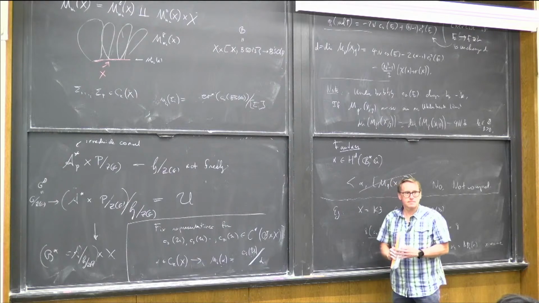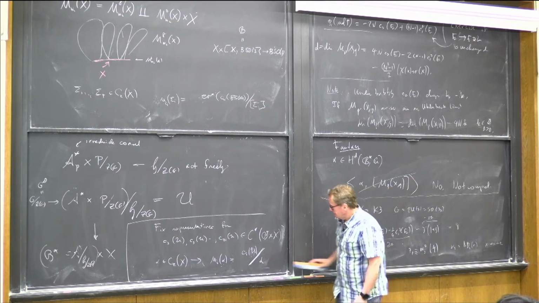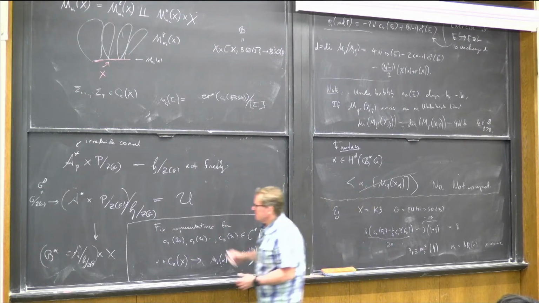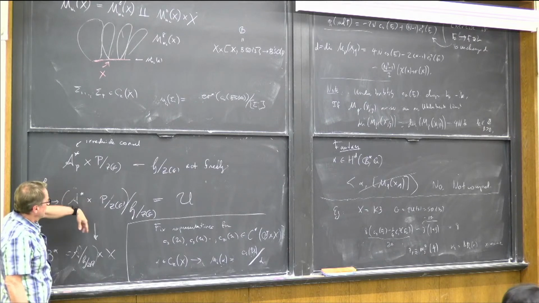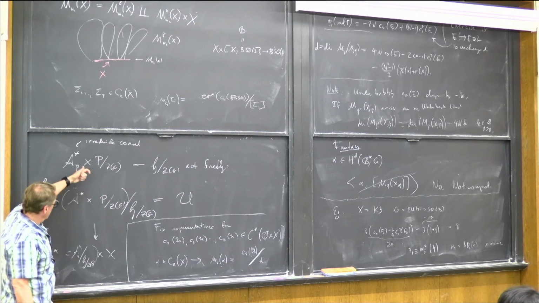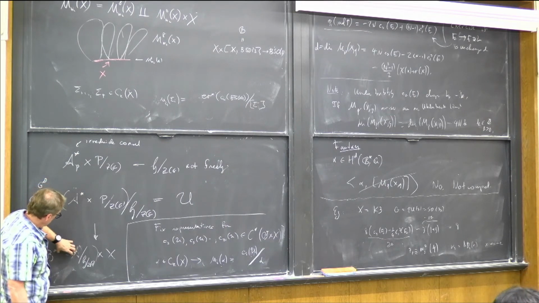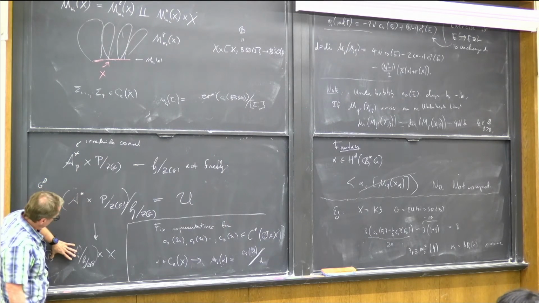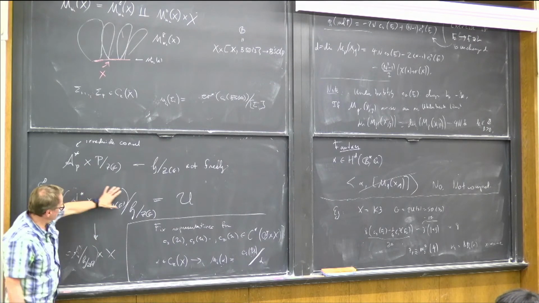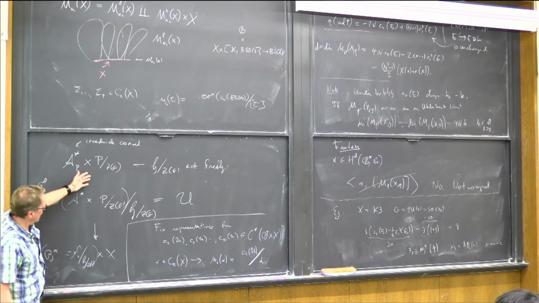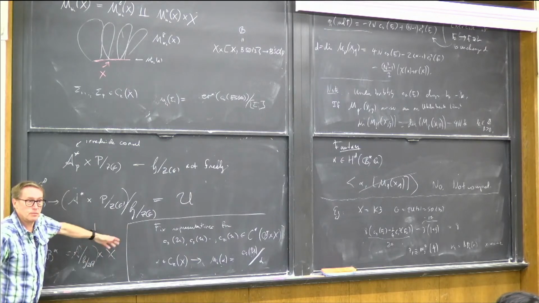You need to think a bit that under the homotopy equivalence of this space with the mapping space, this universal bundle is isomorphic to the pullback under the evaluation map.